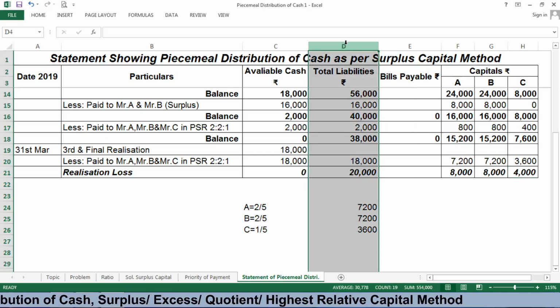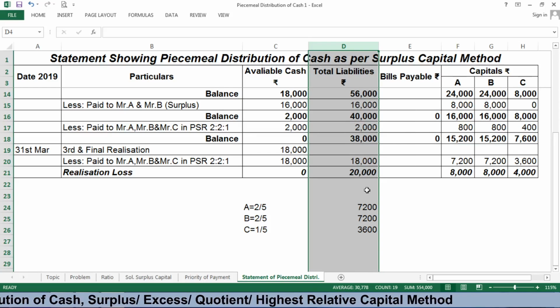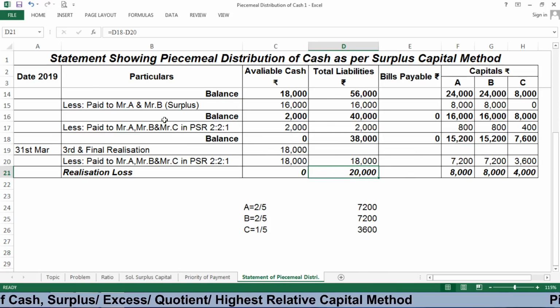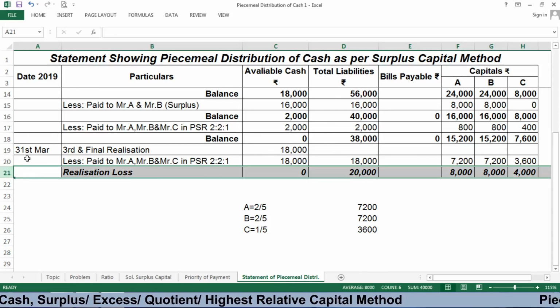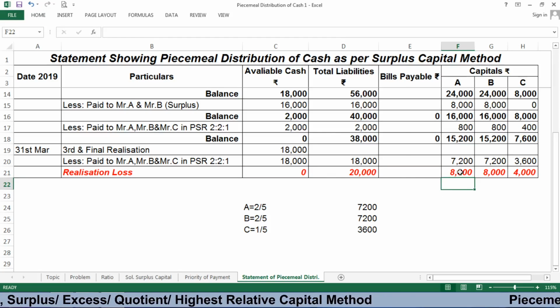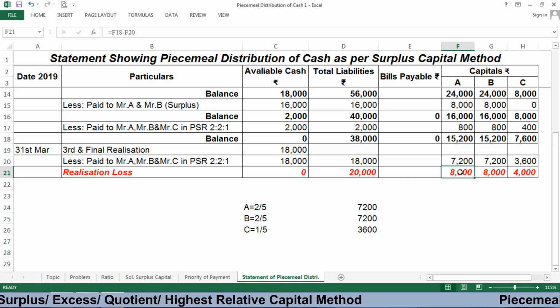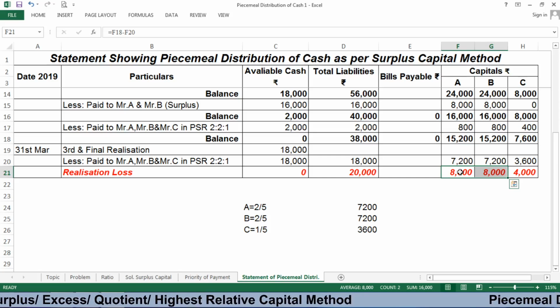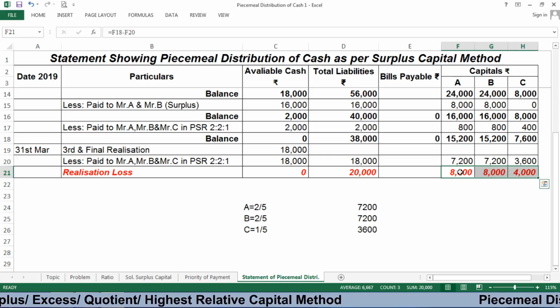We prepare here the column as total liability. Why do we prepare it here? Just to cross check that our realization loss is correct or not. See here, the realization loss is 20,000. So 20,000 we can calculate. Let's check. Mr. A bears 8,000, Mr. B bears 8,000 and Mr. C will bear 4,000.